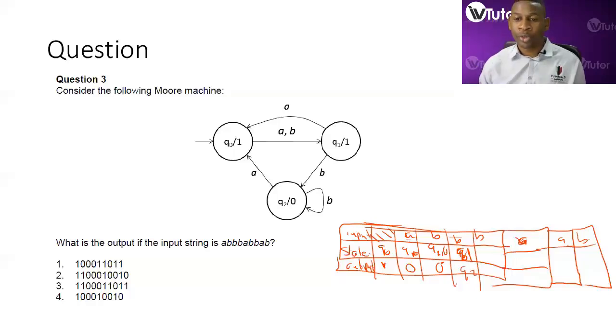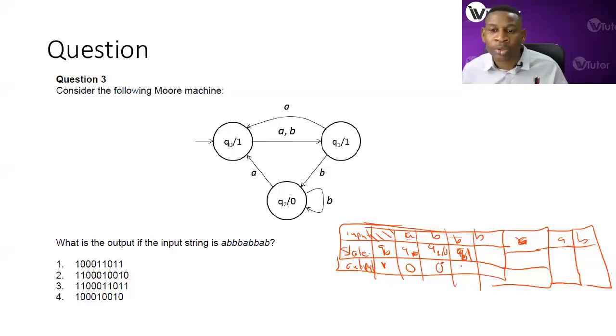Then, if you're in Q2 and you encounter B, so let's pause a minute. Just a second. So we said Q0, the state is 1. If Q0 encountered A, you go to Q1. And that output is 1. Sorry.